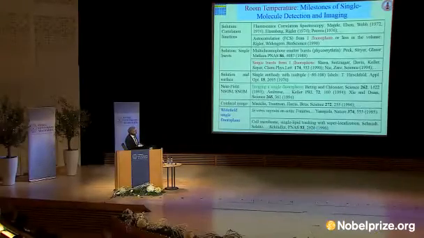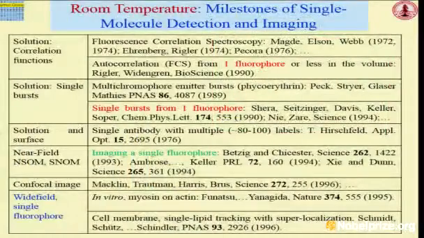In the early 90s, 1990, several researchers looked at and saw signals from one fluorophore by measuring the autocorrelation signal from the sample, and single bursts were observed as well in 1990 for just a molecule in solution floating through a laser focus. Later, an important step was imaging a single fluorophore using near-field methods, which Eric Betzig achieved and we'll talk about. And then after that, several other groups also used near-field methods.